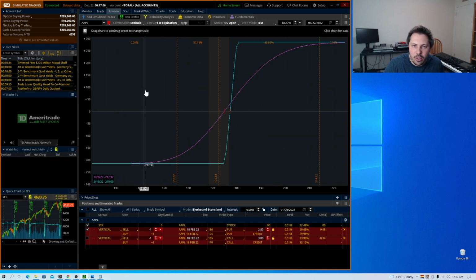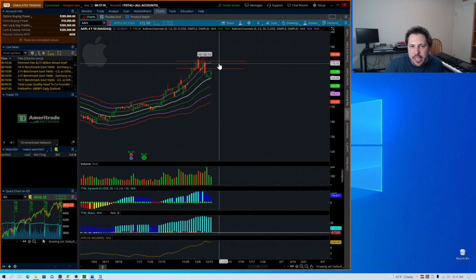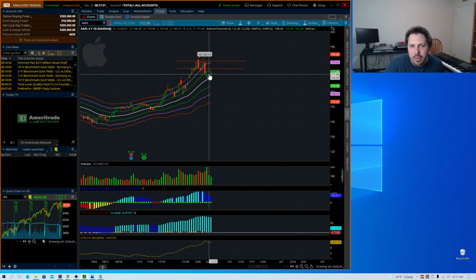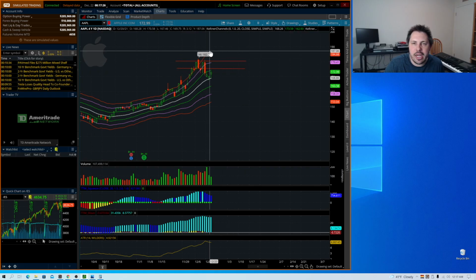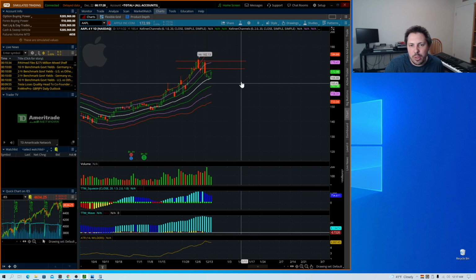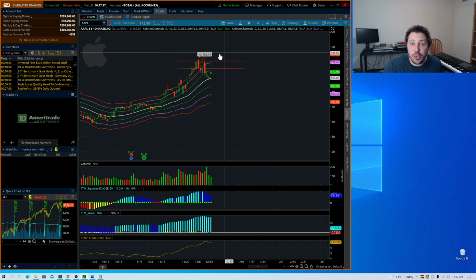That'll be a loser, whatever. But the trouble can arise where Apple goes up and now it's between these strikes. Remember, if Apple closes above both of these, they're both worthless and we keep the entire credit. If Apple is below these, we lose the full amount on the spread, but because they're both in the money, they're going to exercise and you just lose your spread.